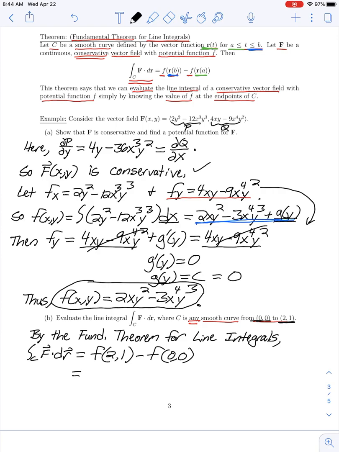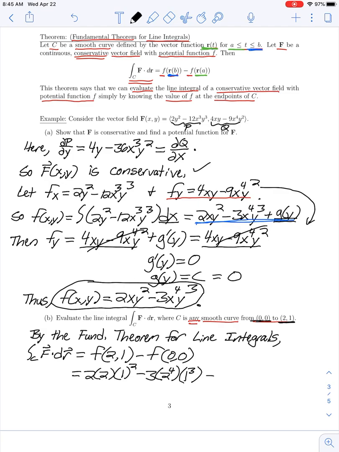So let's see what we have. If I substitute 2, 1 into the potential function that we had above, well, it was given by 2 times x, so here x is 2, times y squared, so 1 squared, minus 3 times x to the fourth, so that is 2 to the fourth, times y cubed, so here 1 cubed, and then we subtract the value of our potential function at 0, 0.